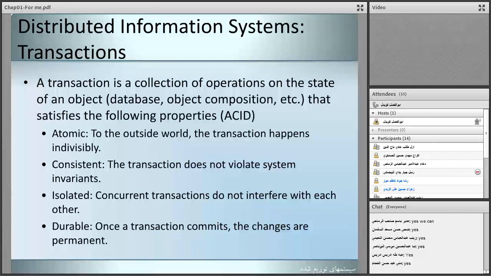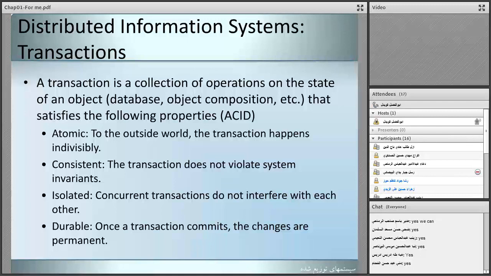Usually this object is database, but we can have other objects, and in this manner it satisfies the following four properties.